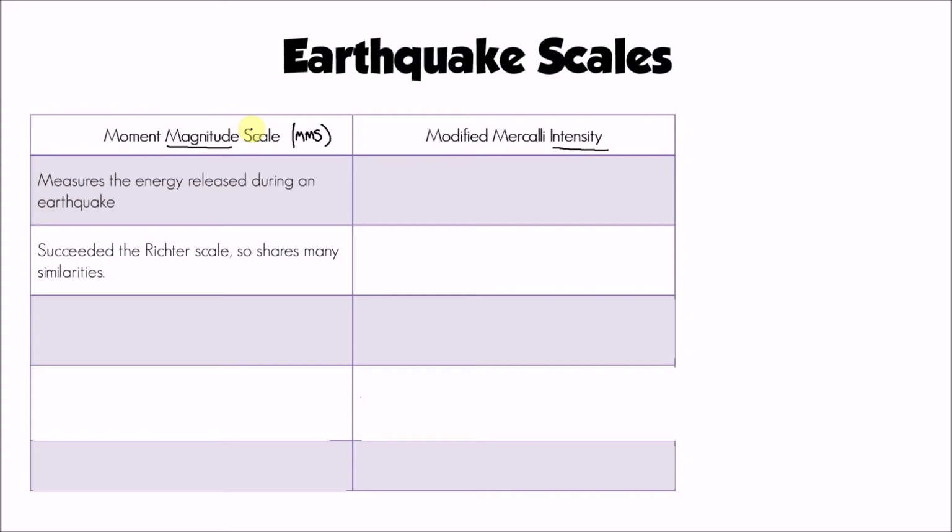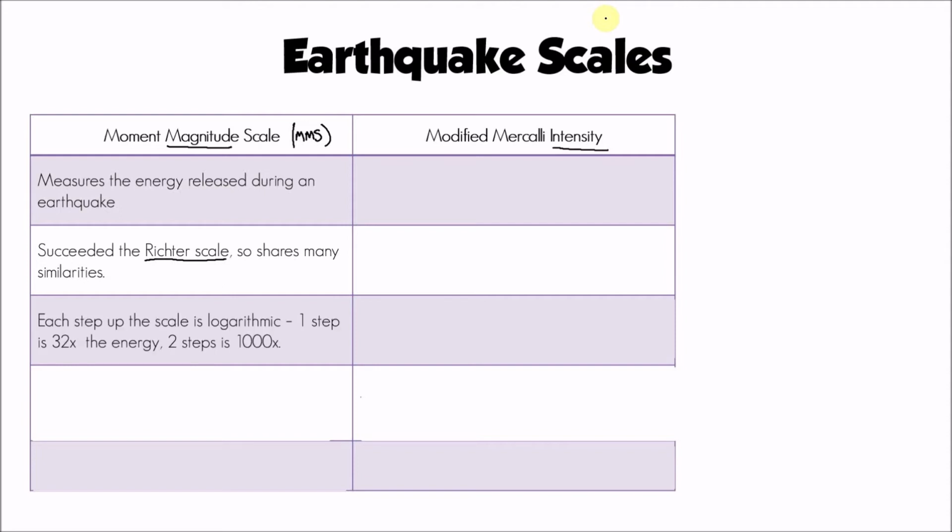The moment magnitude scale was based on the Richter scale, and sometimes you will still hear people use that term Richter scale as a means of representing the size of an earthquake. That is a little bit outdated, and we don't really use that term anymore. So we want to be talking about the magnitude of an earthquake, or its MMS.